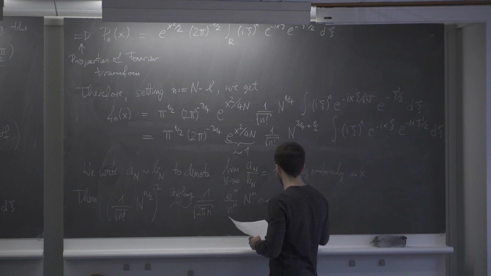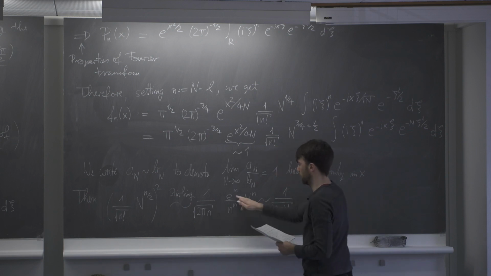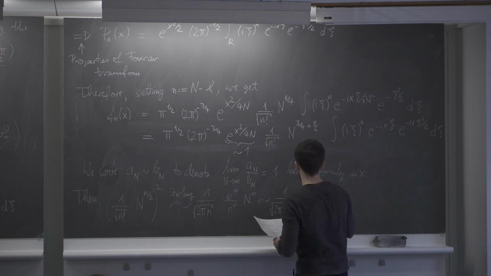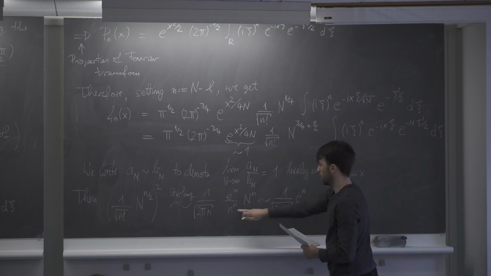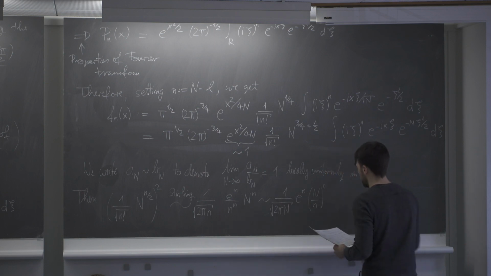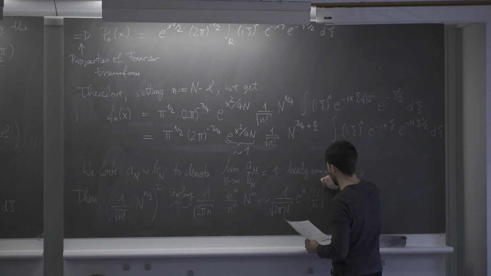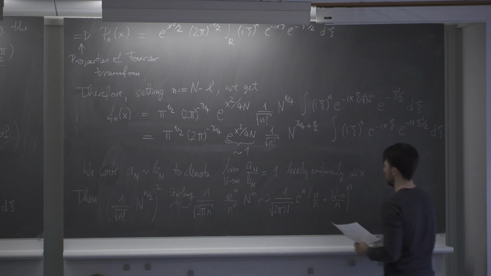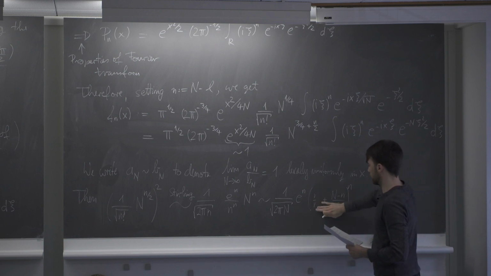That will not change anything. And then I can take out this e to the n, and then what I'm left with is n over n to the n. But this I want to rewrite as follows. I smuggle in a little n, so this is n to the n plus n. Right? So far nothing happened, and now this is of course 1.